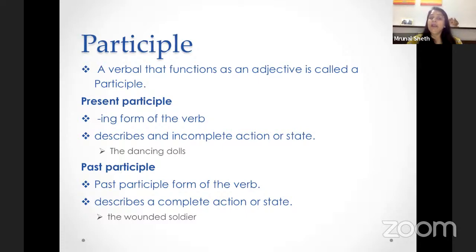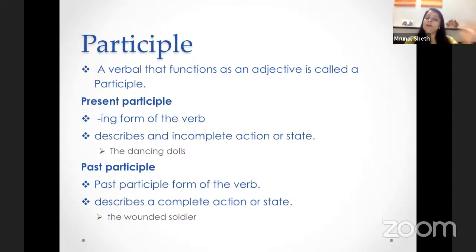Okay, so a finite verb will tell you the time, it will tell you the tense, whether it was done in the past, it is happening, or it will be happening. So helping verbs, or the finite verbs, tell you the time of the action. It's like past, present, or future. So if you see any helping verb with the participle, then it's always a finite verb.